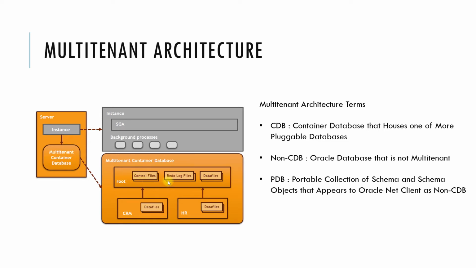It manages the control file, redo log file, and data files, and it has system, sysaux, undo tablespace, and everything. CRM and HR, as you see, are two pluggable databases. Each has its own application code and its own data files. They are plugged into the root container.